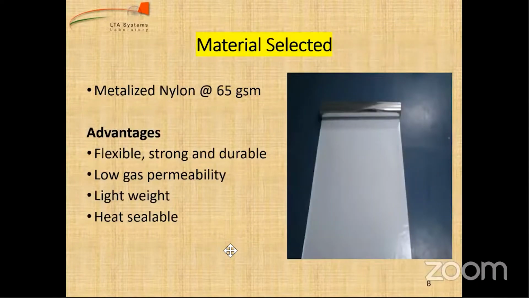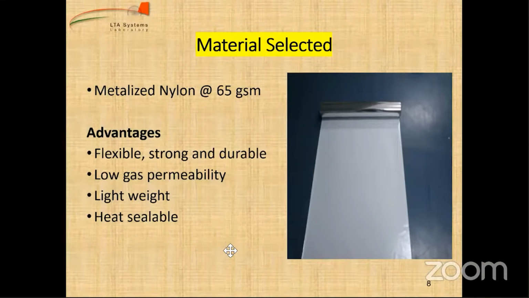For this tutorial, we are going to choose a material called metallized nylon and its GSM is 65. Note down this number. The material that we are going to use for calculation purposes is metallized nylon, 65 GSM.